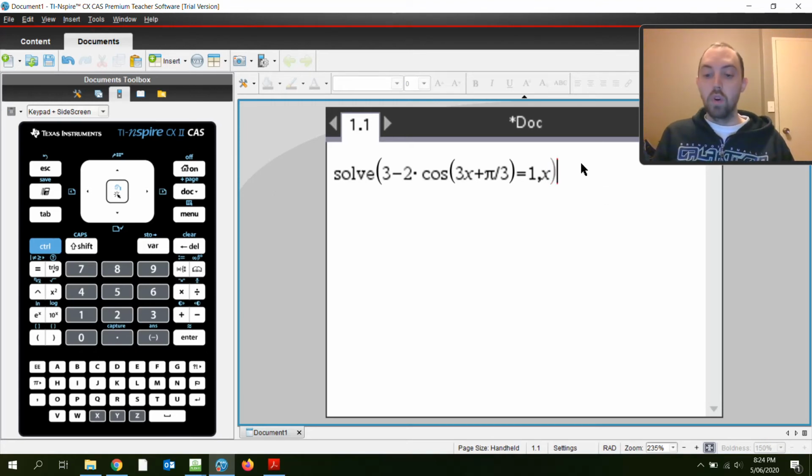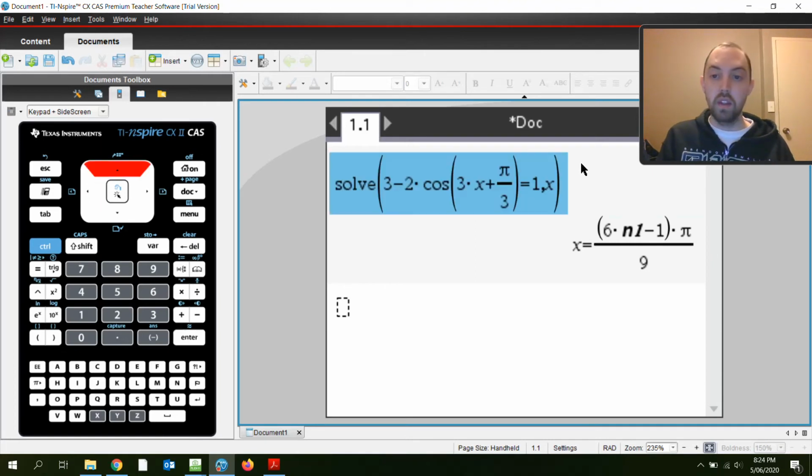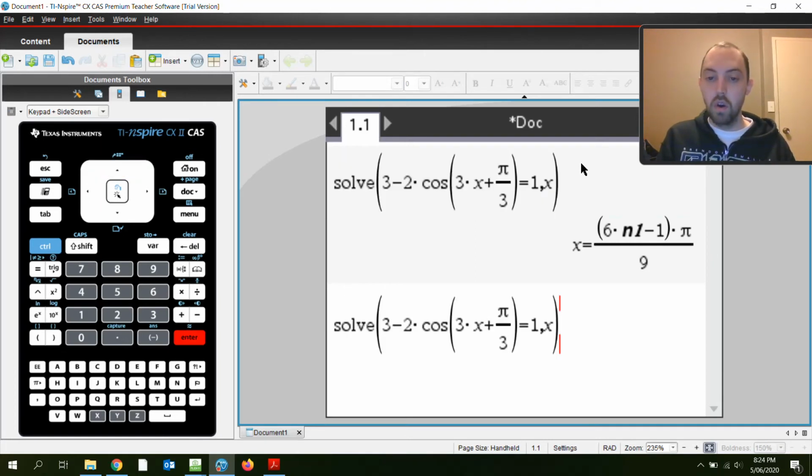Alright, normally this would be a-okay for most algebra problems, but trig equations have that periodic, repeated nature, and so there's infinitely many solutions, and your calculator will try and give you all of them, unless you tell it where to look, which is what we're going to use here.